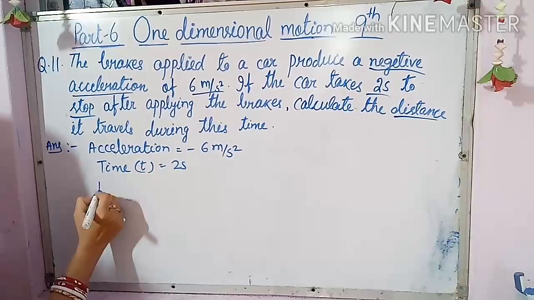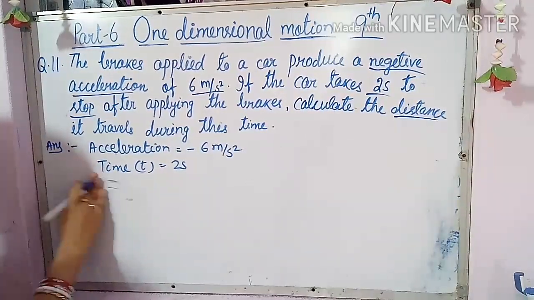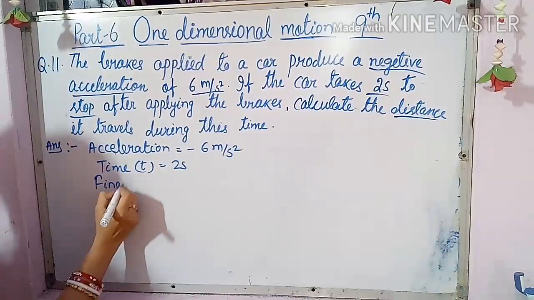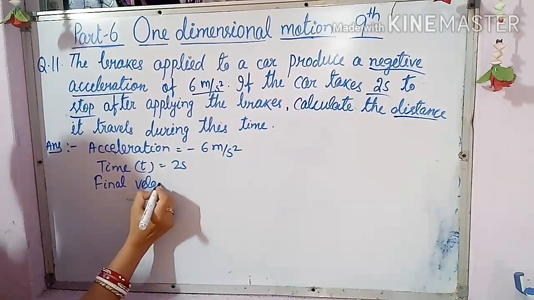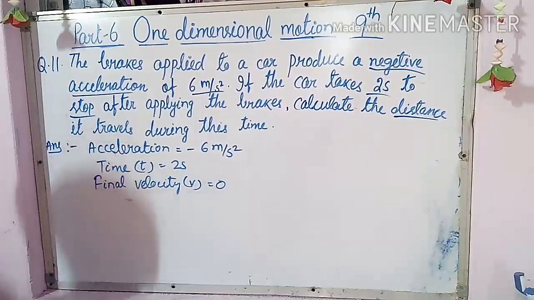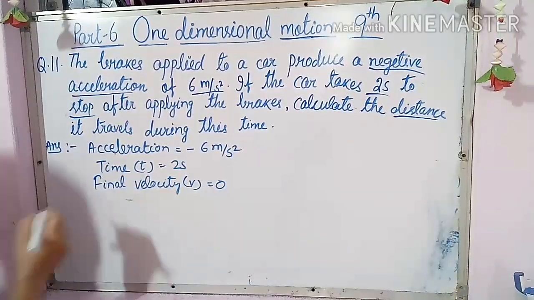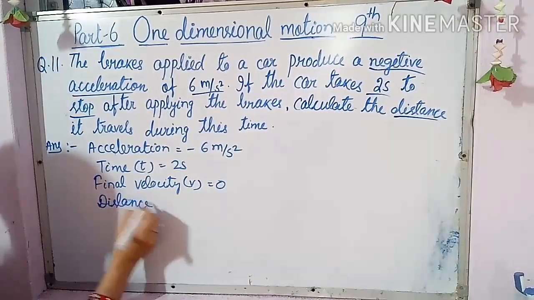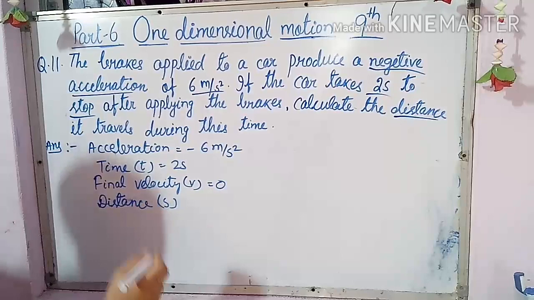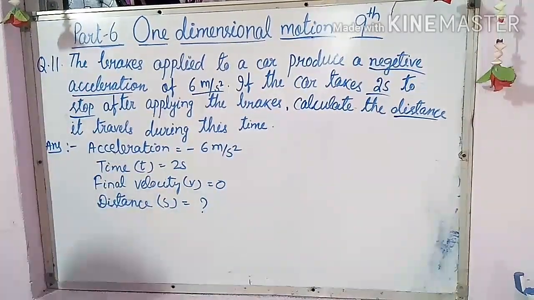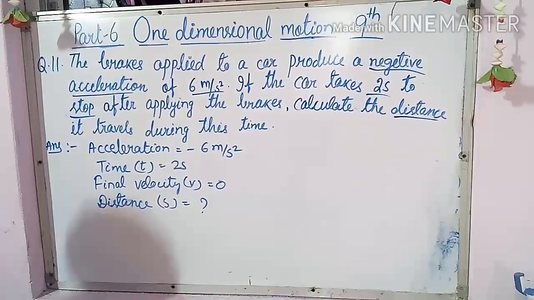To stop means your final velocity v equal to 0. Calculate the distance means distance s equal to question mark. So now from this you can identify which equation is applicable here.